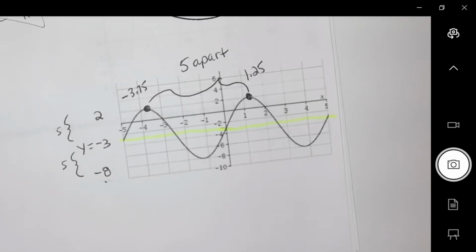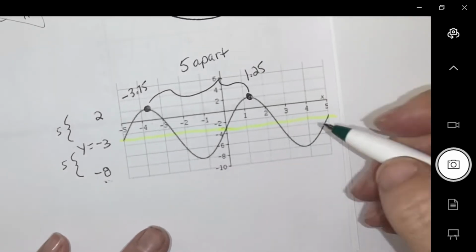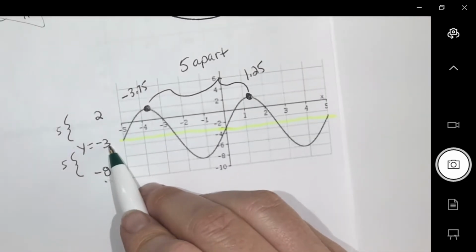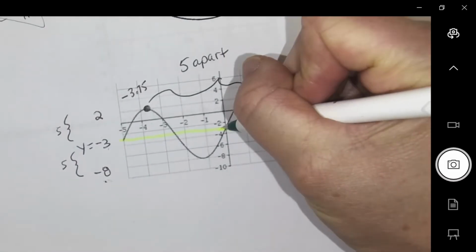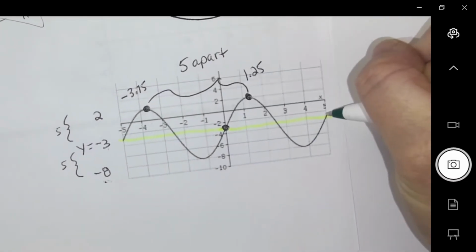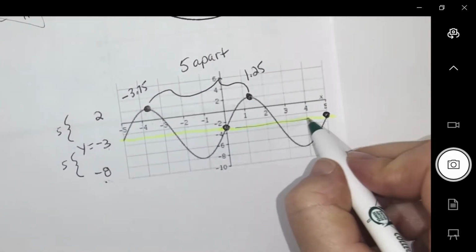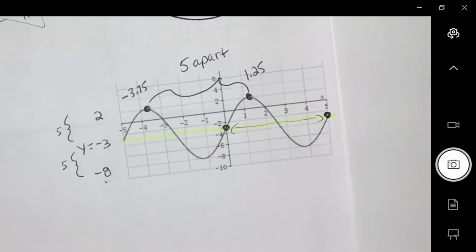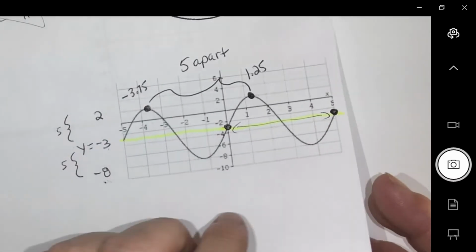This was kind of hard to see because -3 wasn't labeled. But do you see if I drew this imaginary line in the middle, this is a middle and this is a middle, and they are 5 apart as well, right? Which makes sense, middle to middle.